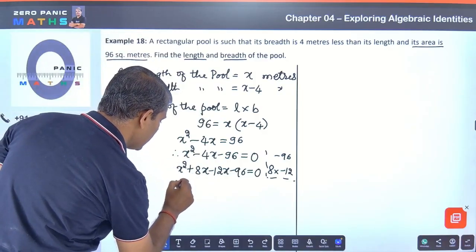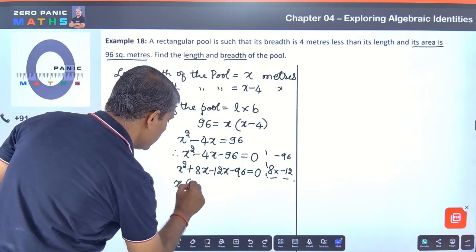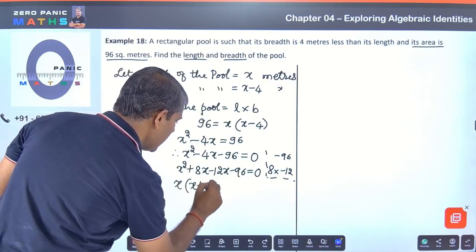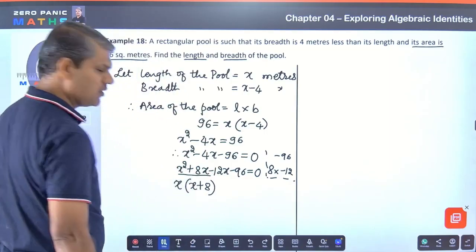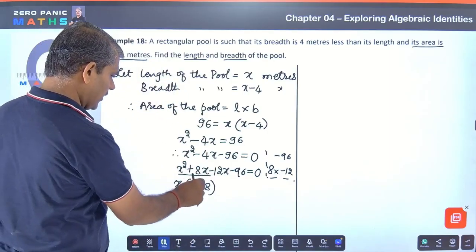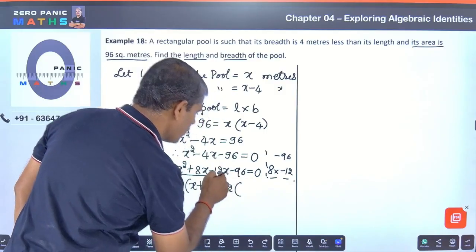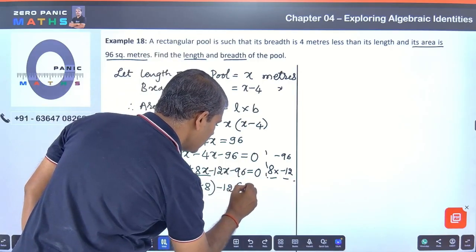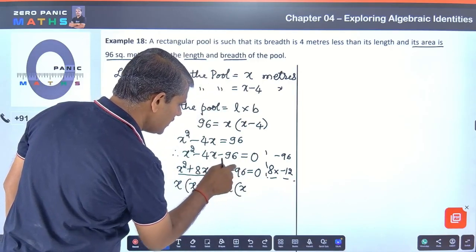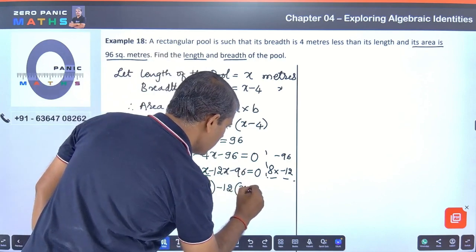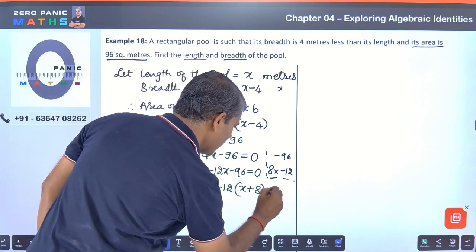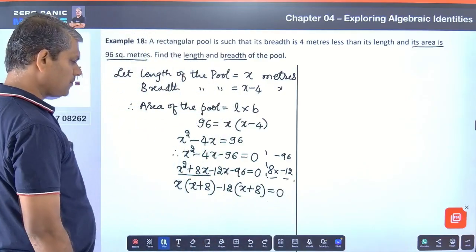Let me take x as common, so it will be x plus 8 from the first two terms. You're getting this right? Again I have to take minus 12 as common here, so what remains is x in this term, and in this term it will be plus 8, and it is equal to 0.